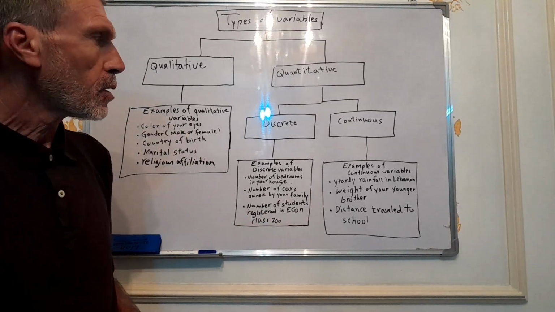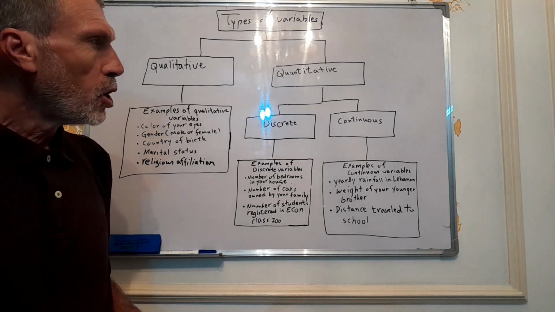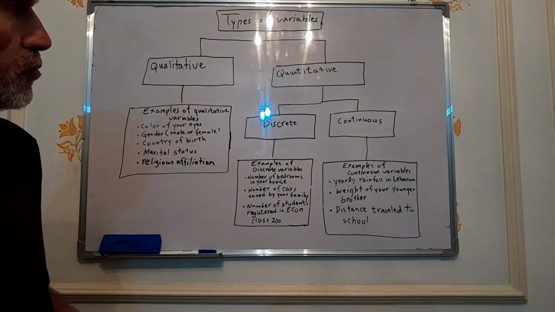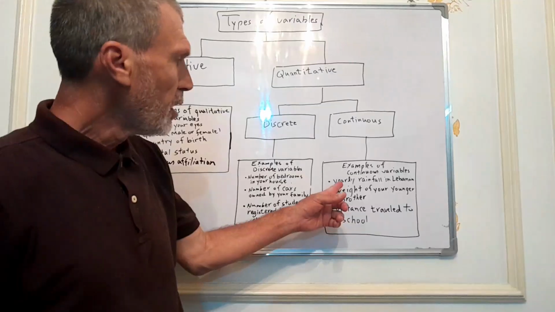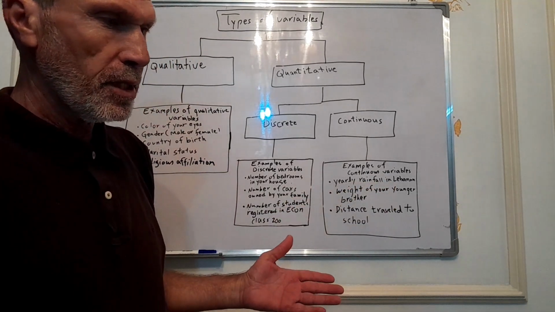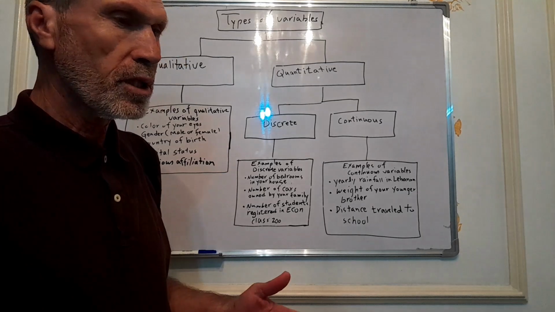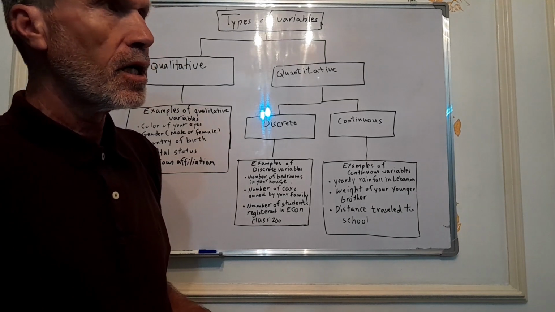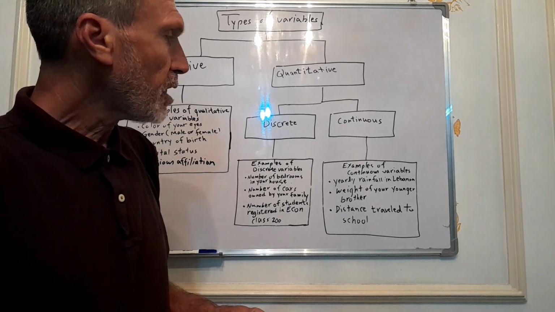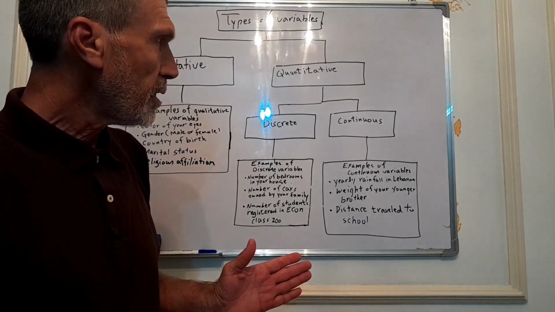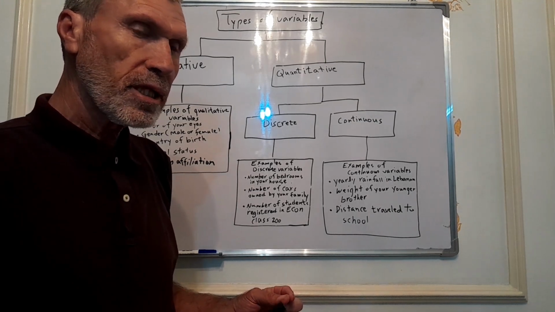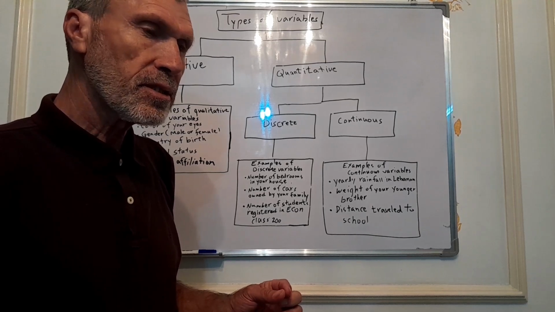Now, continuous variables usually result from measurement. Examples of continuous variables, as you can see, yearly rainfall in Lebanon. The yearly rainfall in Lebanon could be, for instance, 50 centimeters. Of course, a continuous variable can assume any value within a certain range.